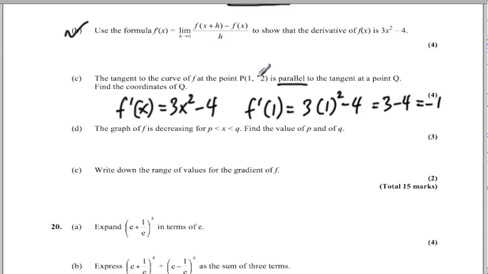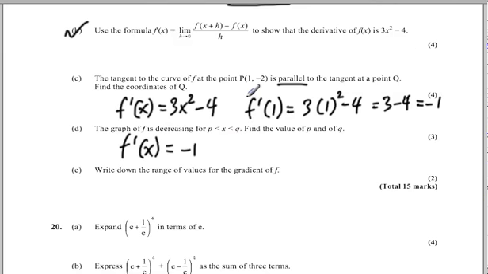The tangent to the curve at point P is parallel to the tangent at point Q. That means the slope at this point, which is negative 1, is also the slope at point Q. So we need to find the coordinates of Q. In order to do that, we know that f prime of x is equal to negative 1, since the slopes at P and Q are going to be the same.